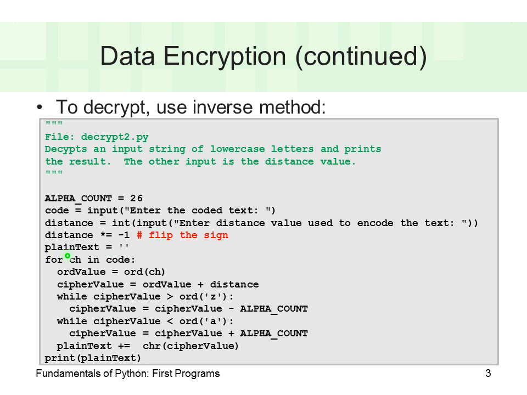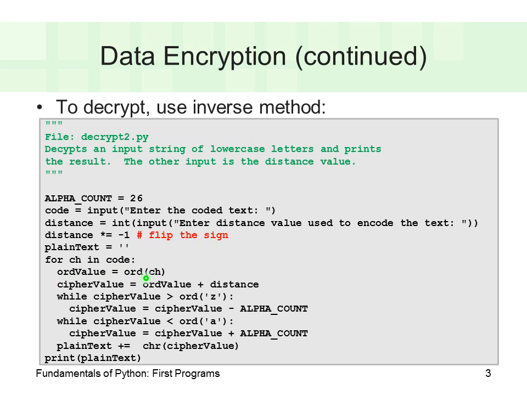Now our accumulator we'll call plain text, because that is what we want to produce, plain text, not encoded text or code. And here we'll go through a for loop, for character in what? Our code, the coded message. And we're going to do pretty much the same as we did before.